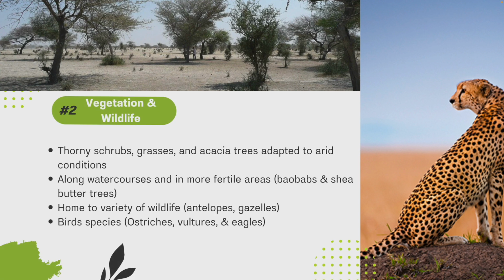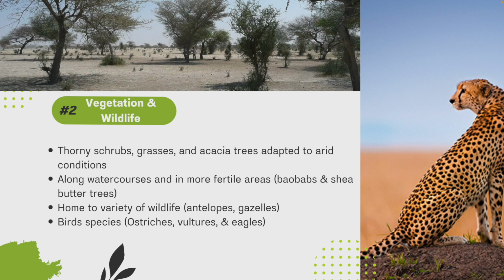So, the vegetation and wildlife of the Sahel region. The vegetation consists of thorny shrubs, grasses, and acacia trees adapted to arid conditions. Okay, so you have these trees that can withstand or adapt very well to the weather conditions in that region. And along watercourses and in more fertile areas, trees like baobabs and shea butter trees are found.